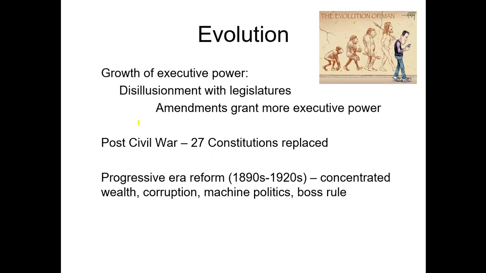As we see here, growth of executive power has been occurring over time, much as it has at the federal level, in that there's growing disillusionment with the legislatures trying to get something done. We've got political partisanship going on between the parties. Amendments have increasingly granted more power to the executive.